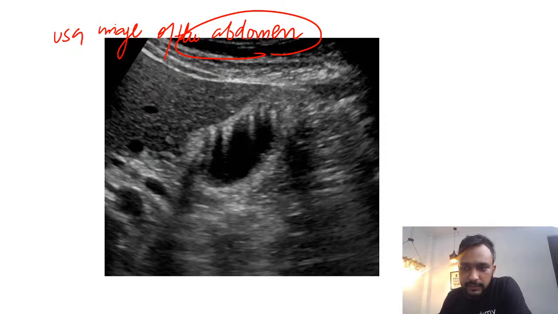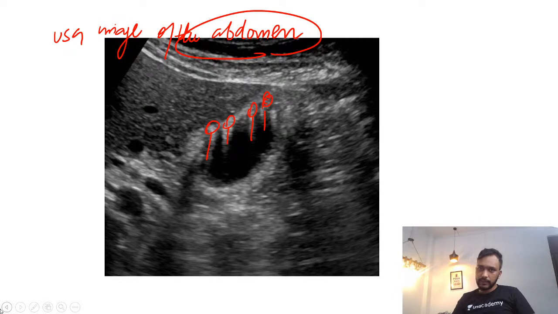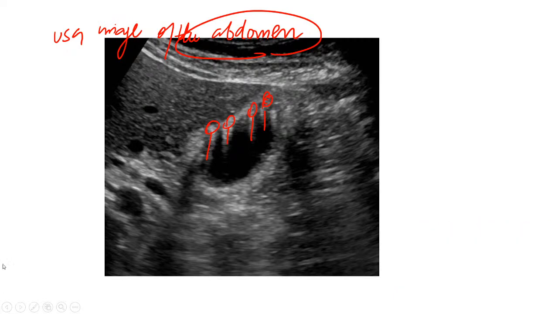So guys, in this ultrasound image of the abdomen, we can see comet tail like artifacts within the wall of the gallbladder.